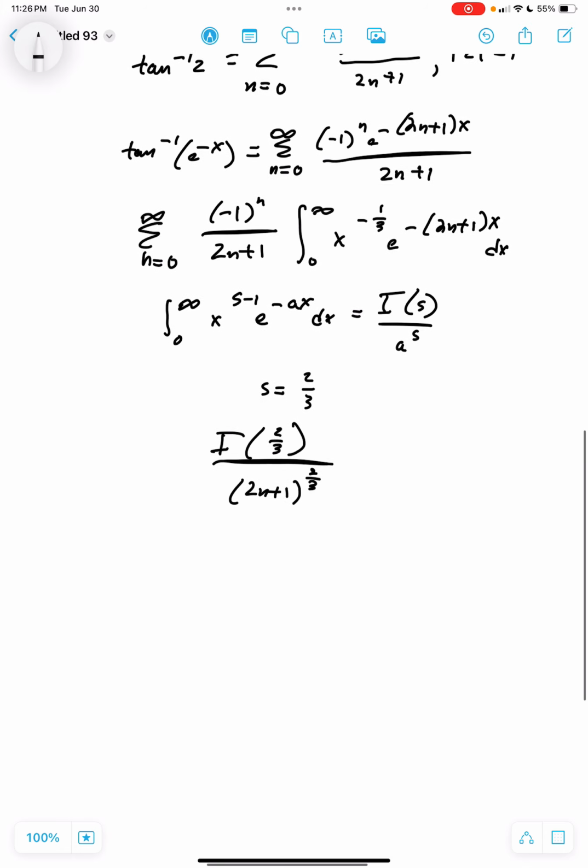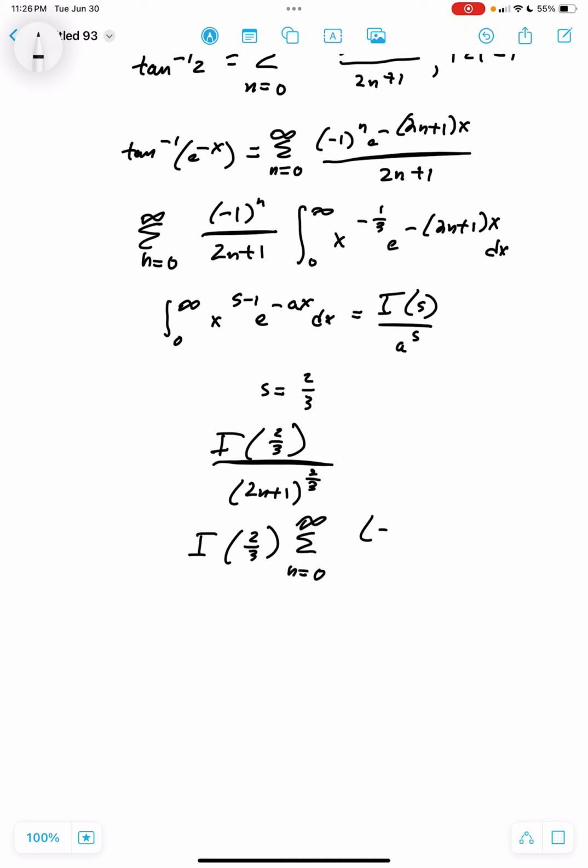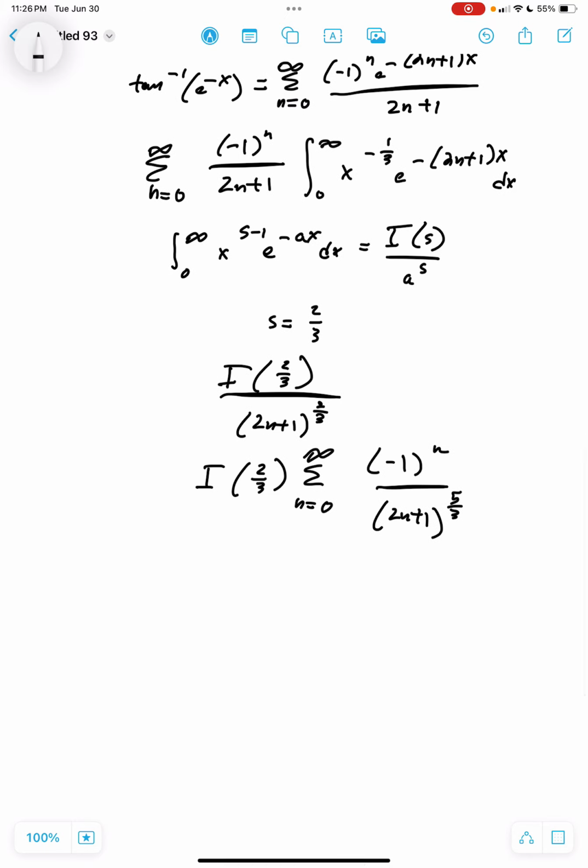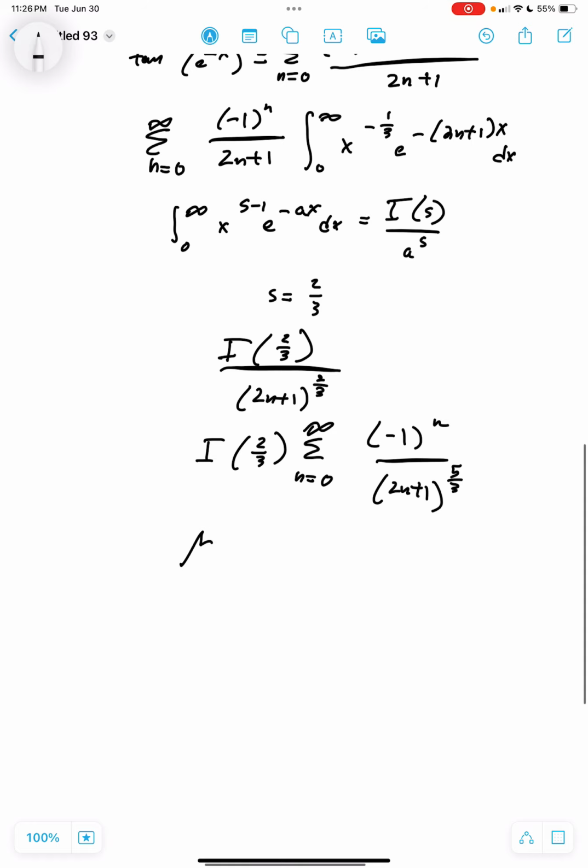And therefore, I have gamma of 2/3 times the summation from n equals 0 to infinity of negative 1 to the n over 2n plus 1, and now to the 5/3. And now recognize that this is the Dirichlet Beta Function, and it says that beta of s is equal to the summation from n equals 0 to infinity of negative 1 to the n over 2n plus 1 to the s.